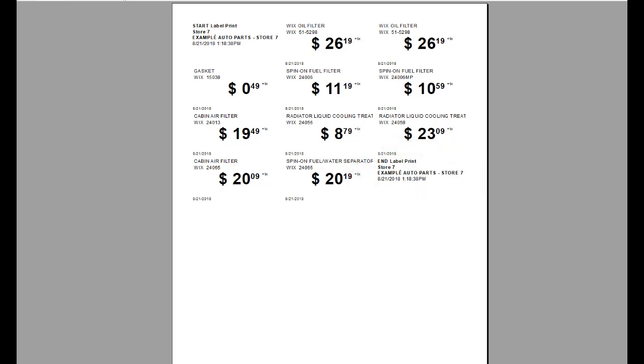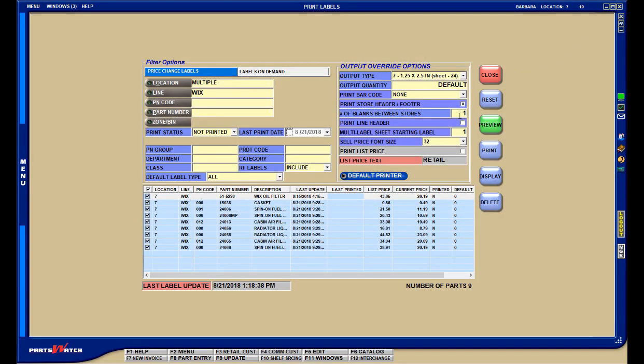And when checked, the number of blanks between stores field displays if labels will be printed for more than one store. So you can have any number of blank labels between stores from none to 99.